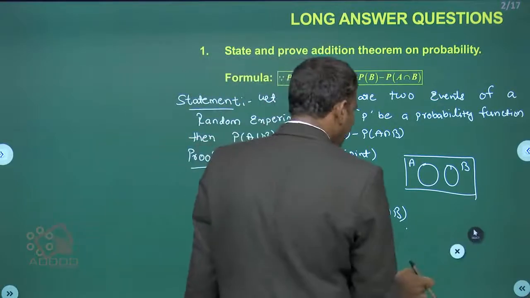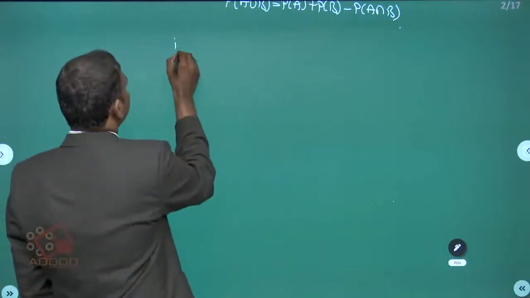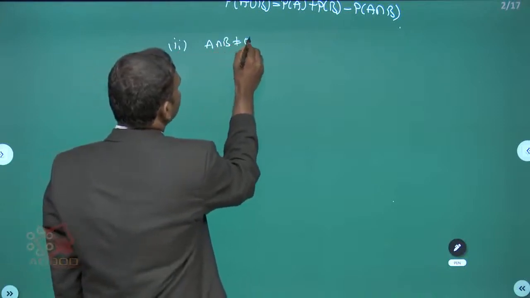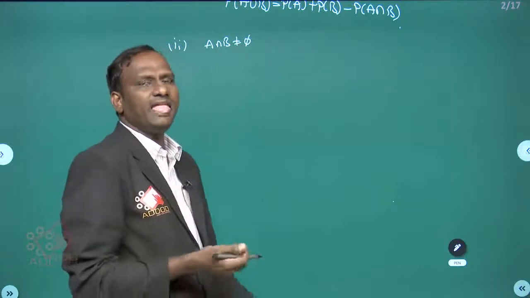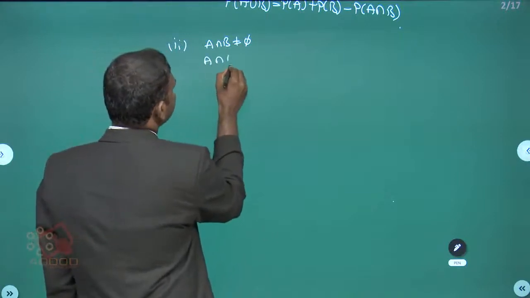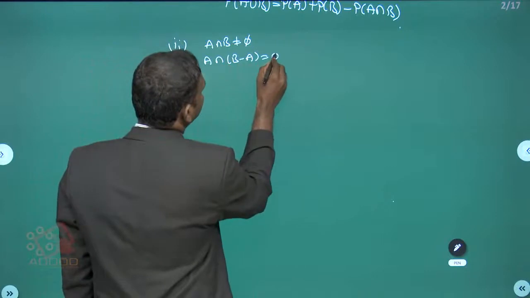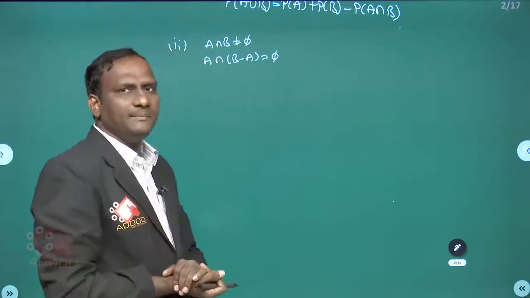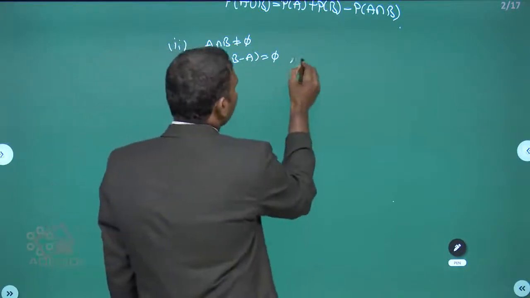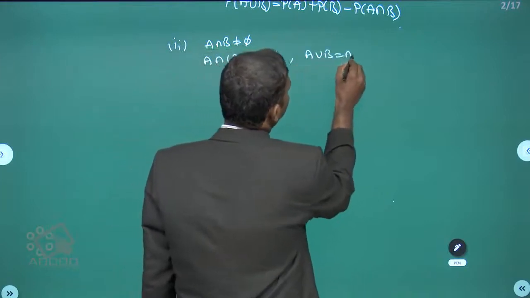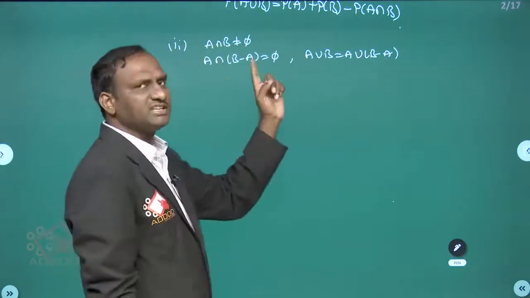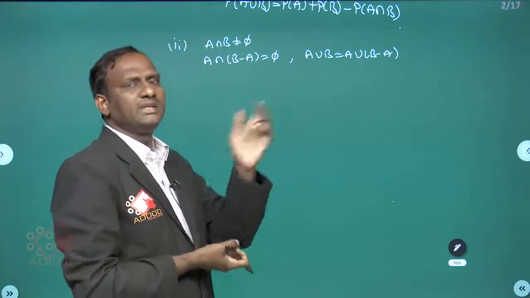Now go for case 2. Here A intersection B is non-empty, meaning something is in common.